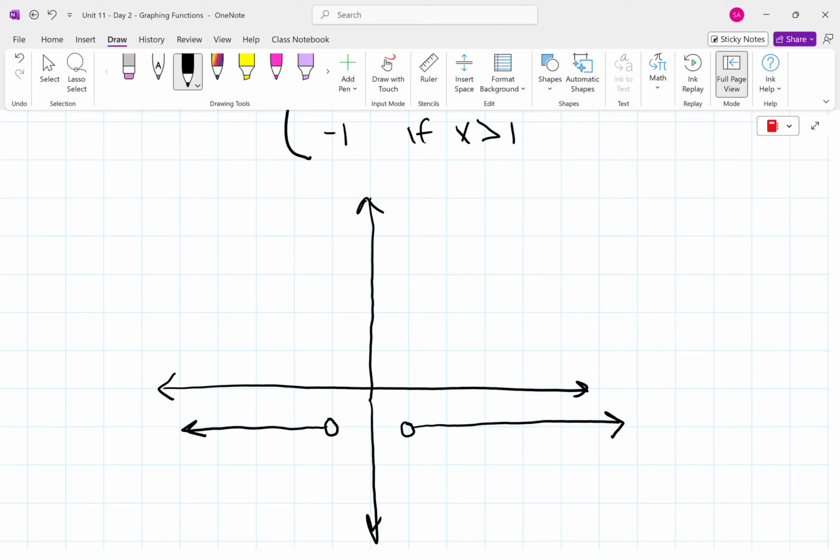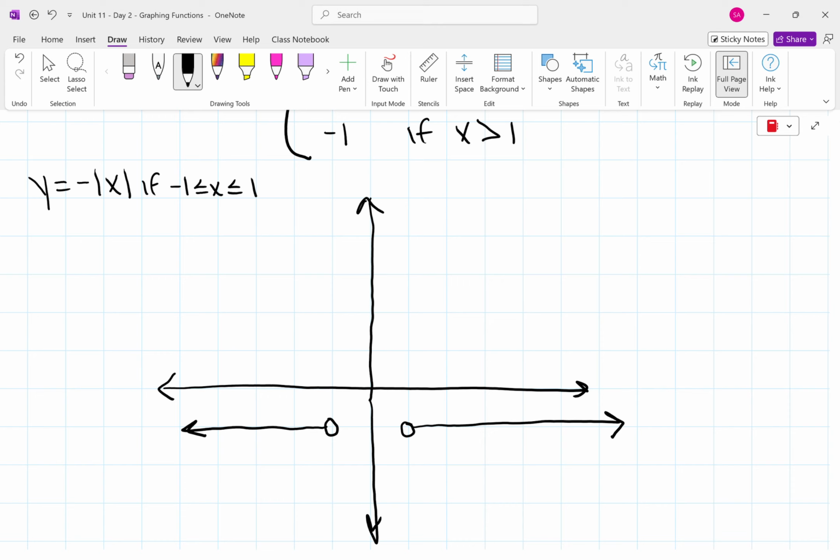Now the middle part. So the middle part is saying y equals the negation of the absolute value of x if -1 is less than x, which is less than +1. What is this? Y equals absolute value of x. What does that look like? A v.